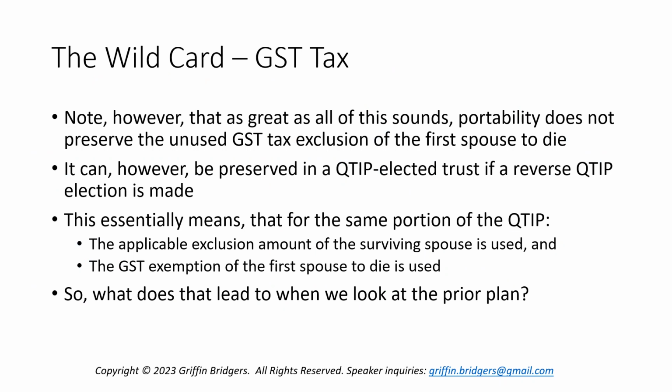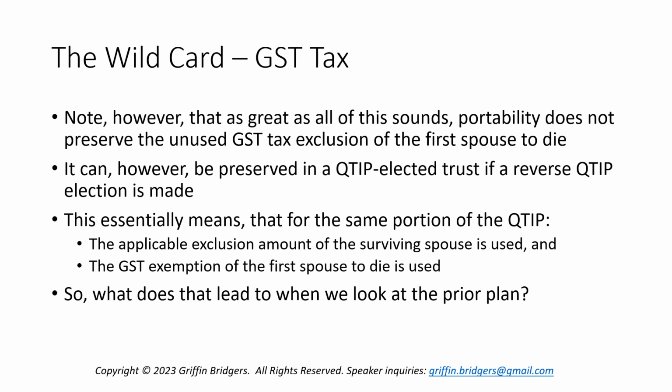However, there's a catch, and this is more meaningful than it seems at first glance, in that we can preserve the GST exemption of the first spouse to die in a QTIP elected trust if a reverse QTIP election is made. Now that's significant because the QTIP trust has to be included in the gross estate of the surviving spouse, or if it's gifted during life, it's subject to inclusion in their taxable gifts.